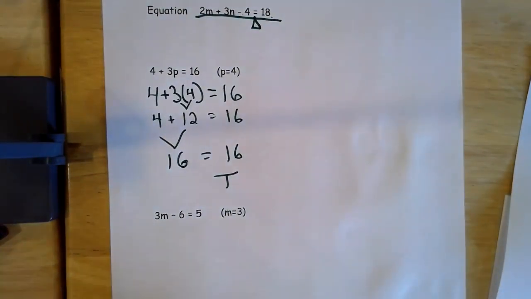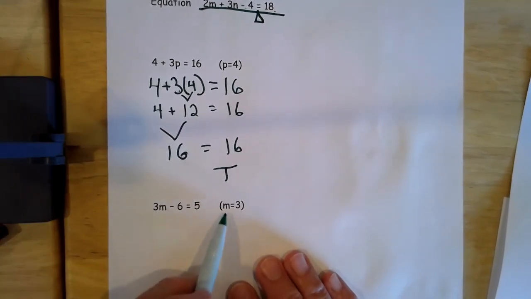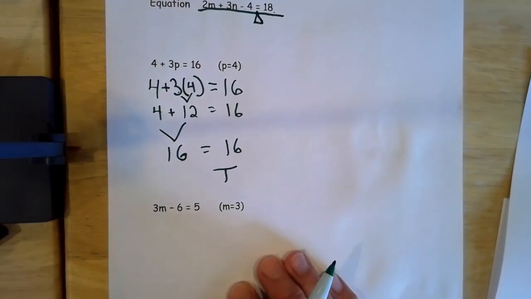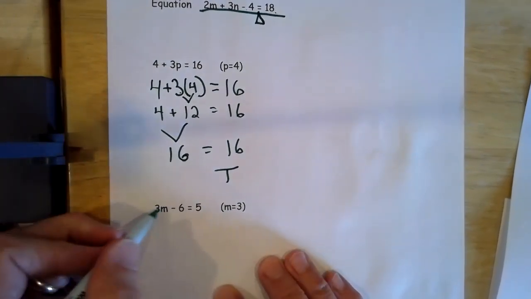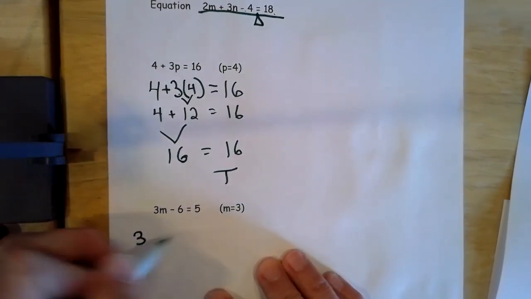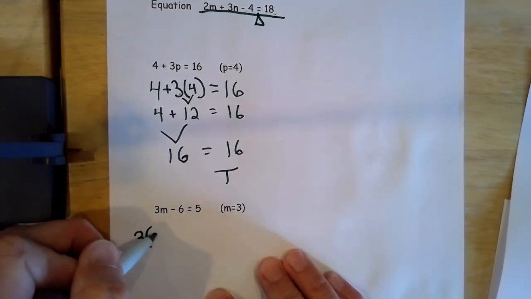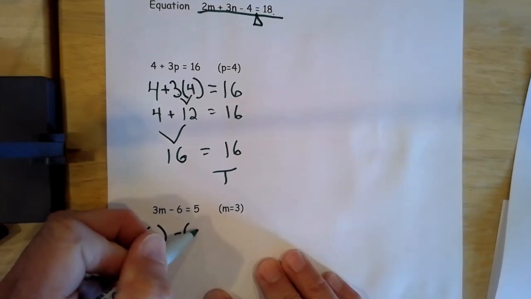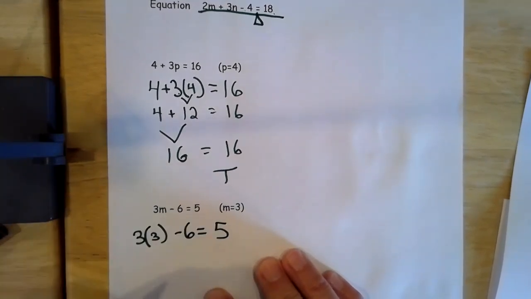If I look at the next one, they want me to input the value of 3 in place of m. So I would input 3 in there. So 3 times 3 minus 6 is the same as 5.